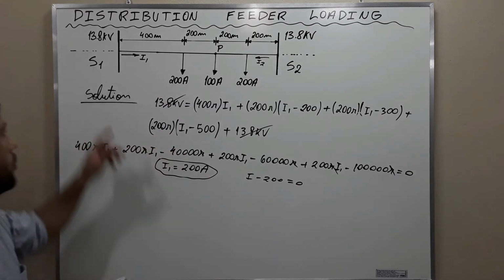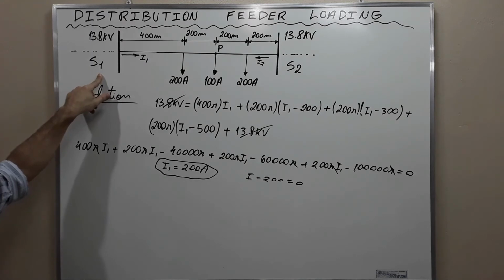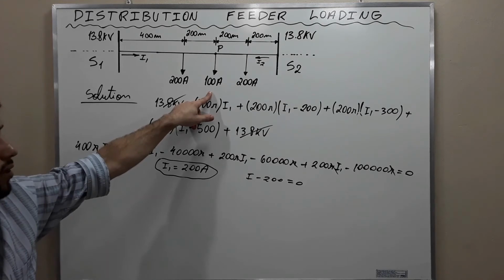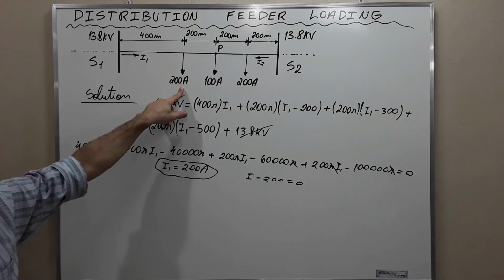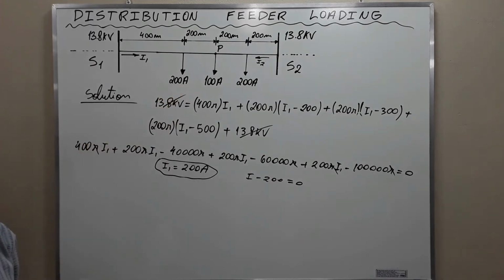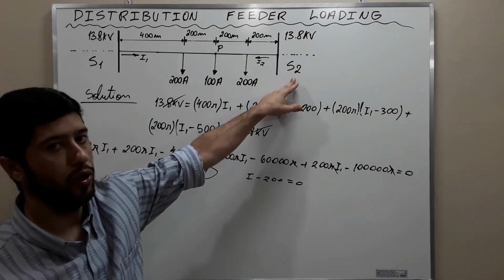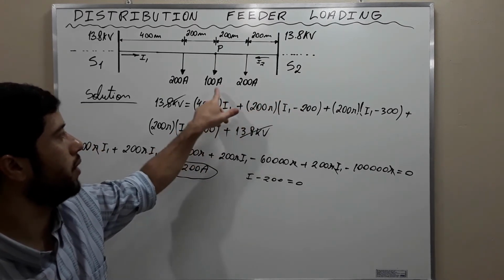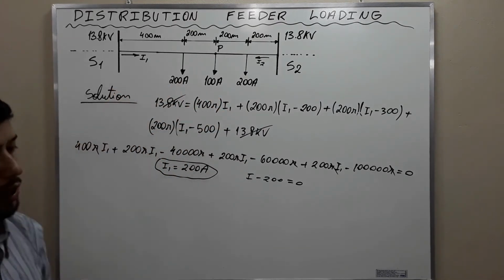So source S1 does not provide any current to the load at point P. All the current from S1 goes to this load here. And what is the other conclusion? The other conclusion is that S2 is the one that provides both currents here, 200 amperes and 100 amperes. And this 200 amperes comes from S1.